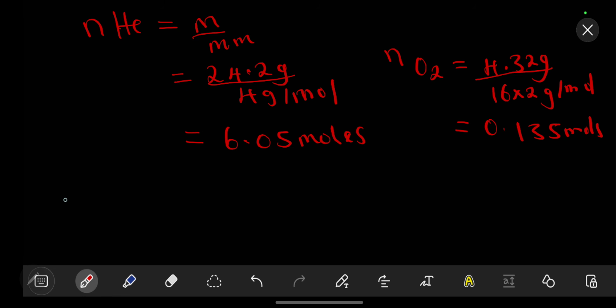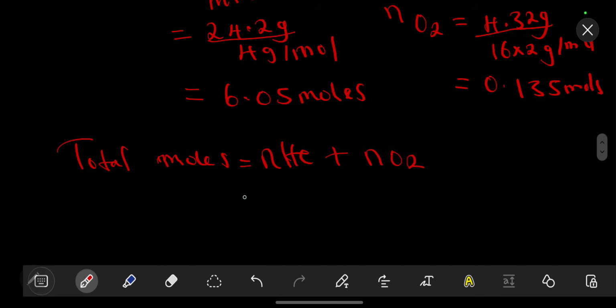Then we find the sum. Since these are in one container, the total moles will be equal to the sum of the two: the number of moles of helium plus the number of moles of oxygen. The number of moles of helium is 6.05 moles, plus 0.135 moles.